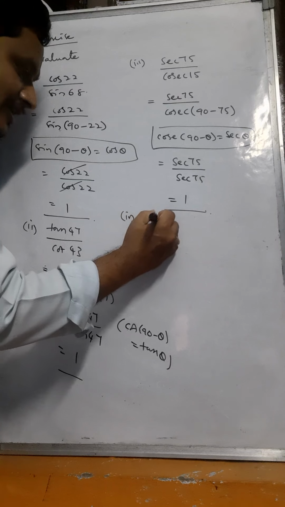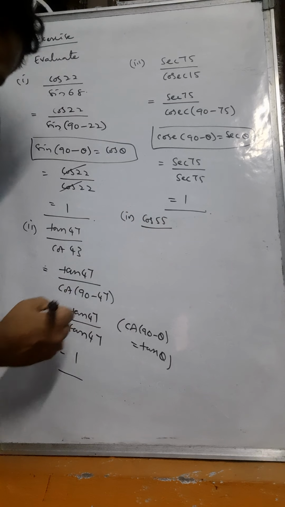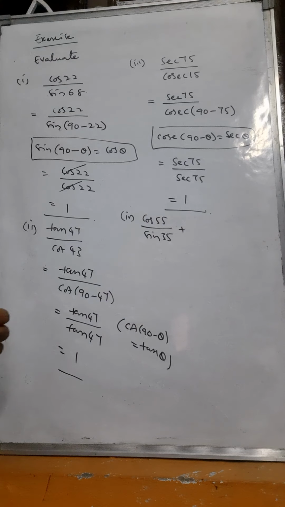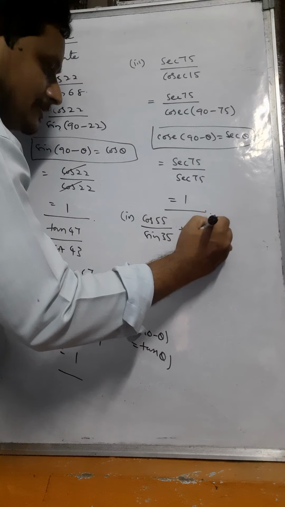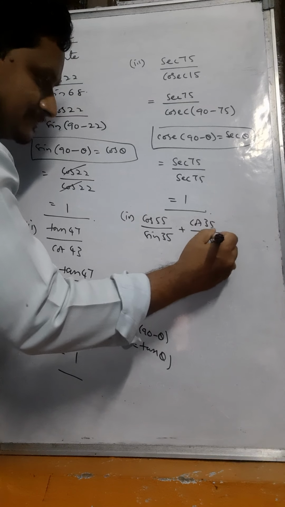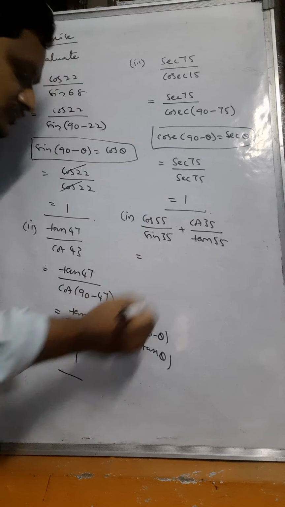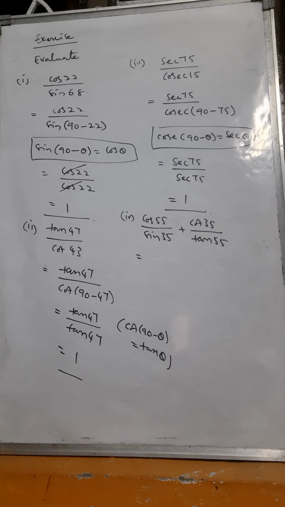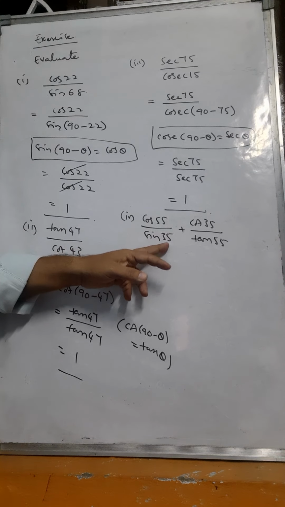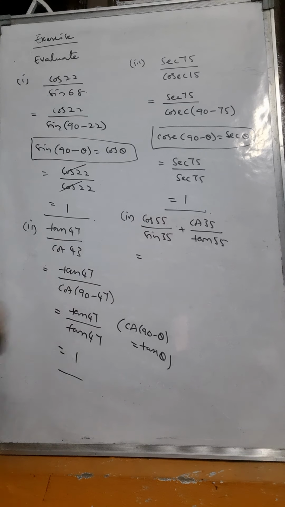Cos 55 by sin 35 plus cot 35 by tan 55. So can we observe here cos 55, sin 35, 35 plus 55 is 90.